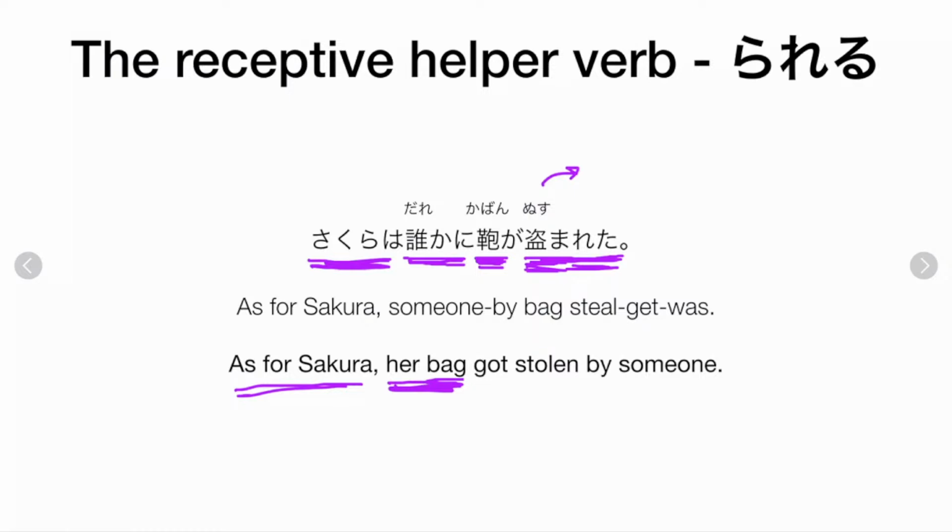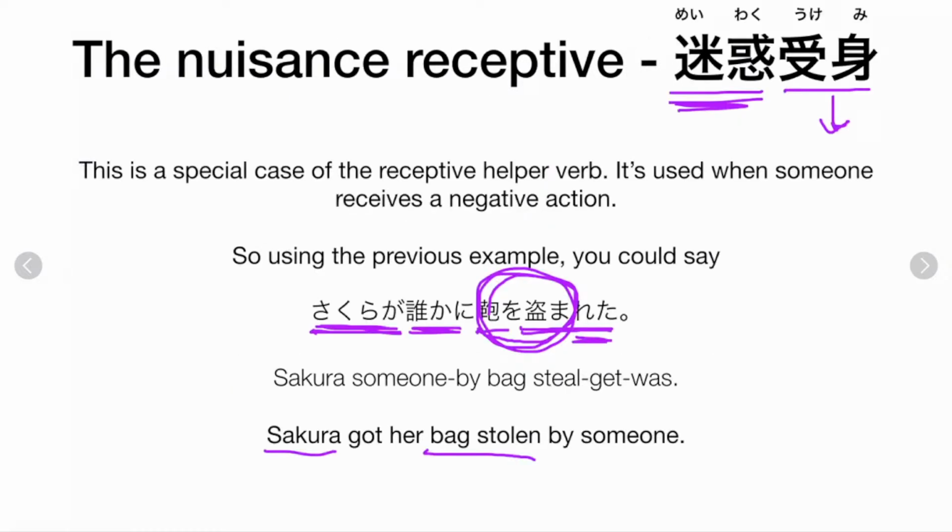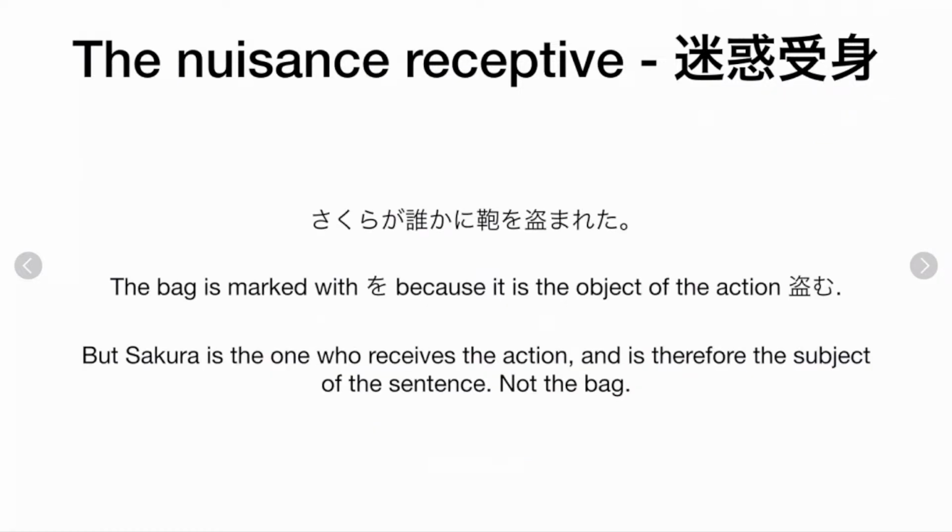But when it is something negative, like a negative action like this, we want to say, well, the person is negatively affected by this, not the object. And so rather than saying the bag got stolen, we are allowed to use this particular construction if we wanted. Okay? And here, I'm explaining this again.